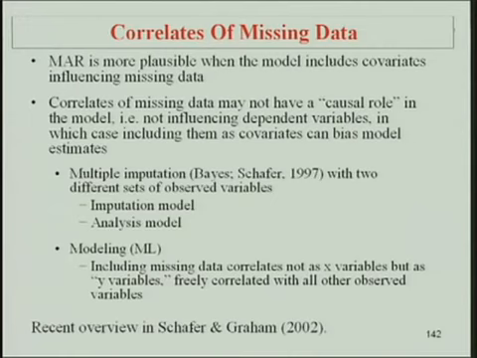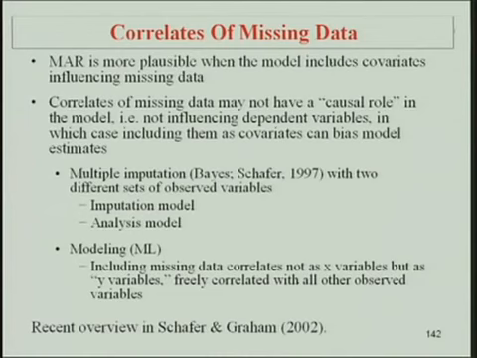But the quality of the estimation under MAR, which is the same thing as using all available data, depends on whether or not missingness can be said to be predicted by observed variables, whether missingness can be predicted by variables that have no missingness.